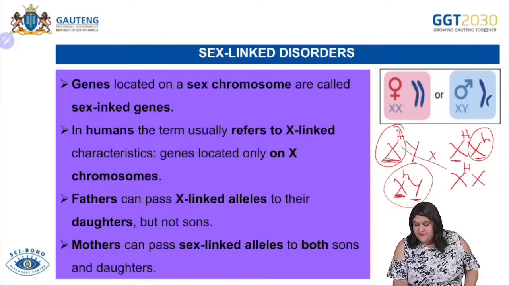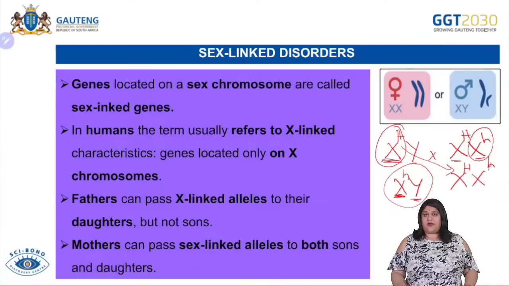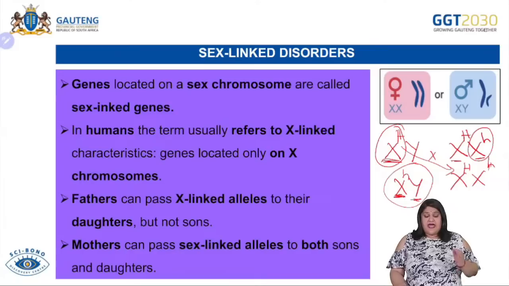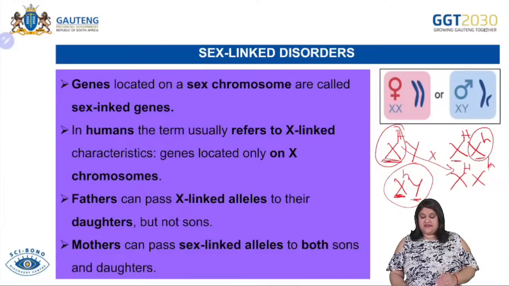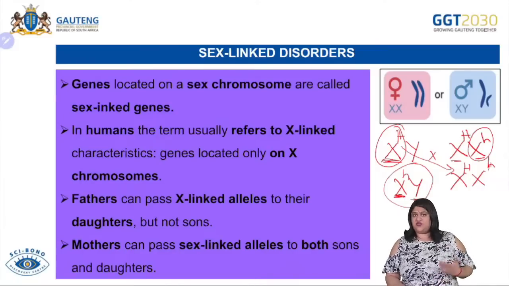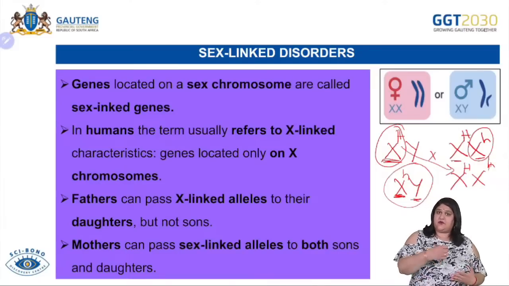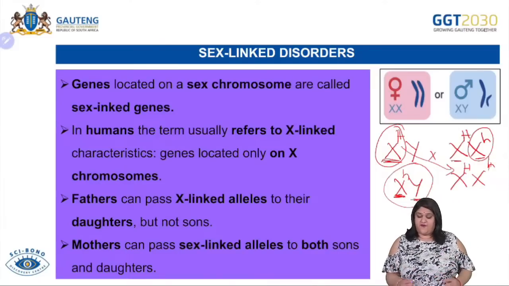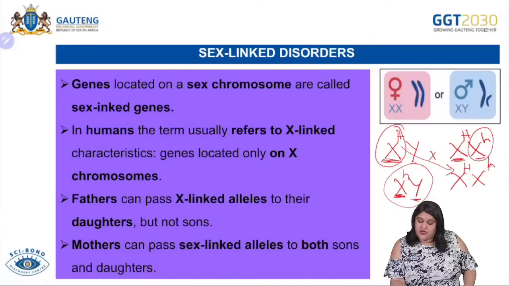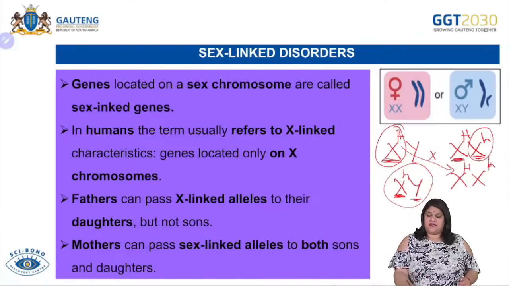Either the capital H or the small h will come from the mother. And the mothers can pass the sex-linked alleles to both their sons and their daughters. Why? Because like we said, they must get one allele from the mother, one from the father. So she can pass either this one or that one to either the son or the daughter.